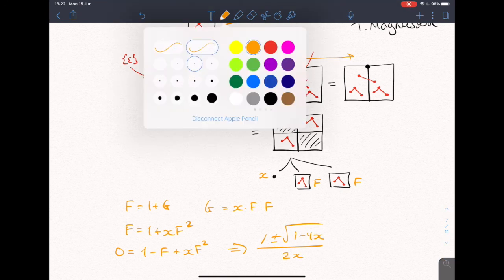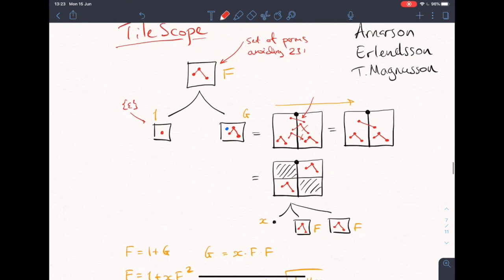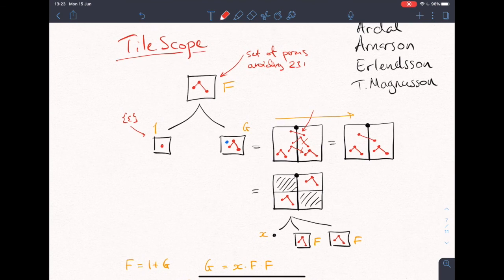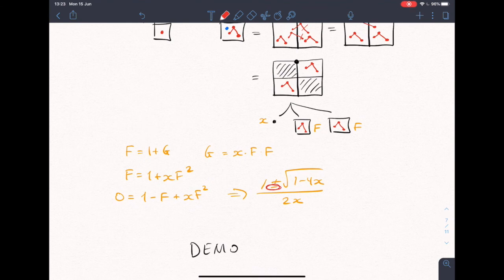And then looking at the initial conditions, we can see that the minus solution is the correct solution. Okay, and the Combinatorial Exploration algorithm was developed to automate all of the steps that I just did, as well as doing several other steps. And we'll now see a demo of the algorithm.